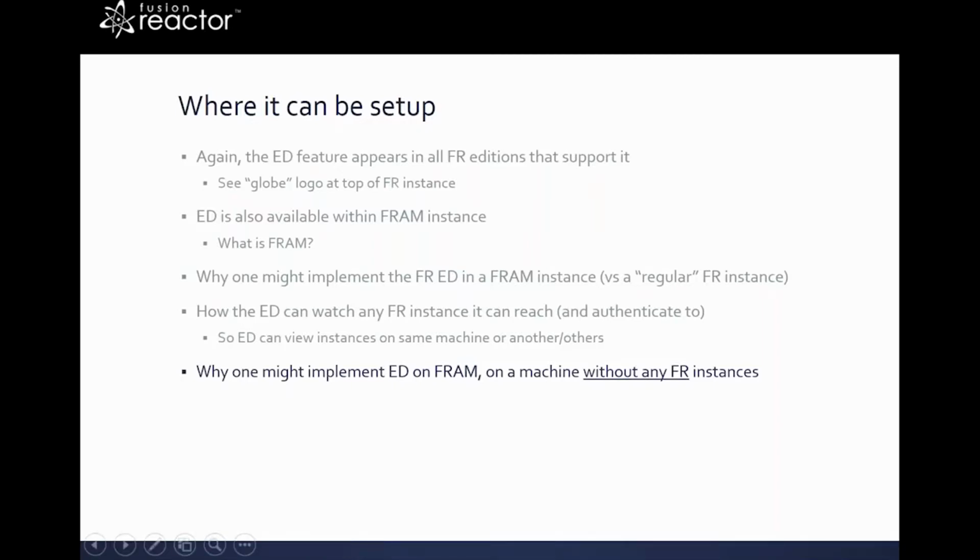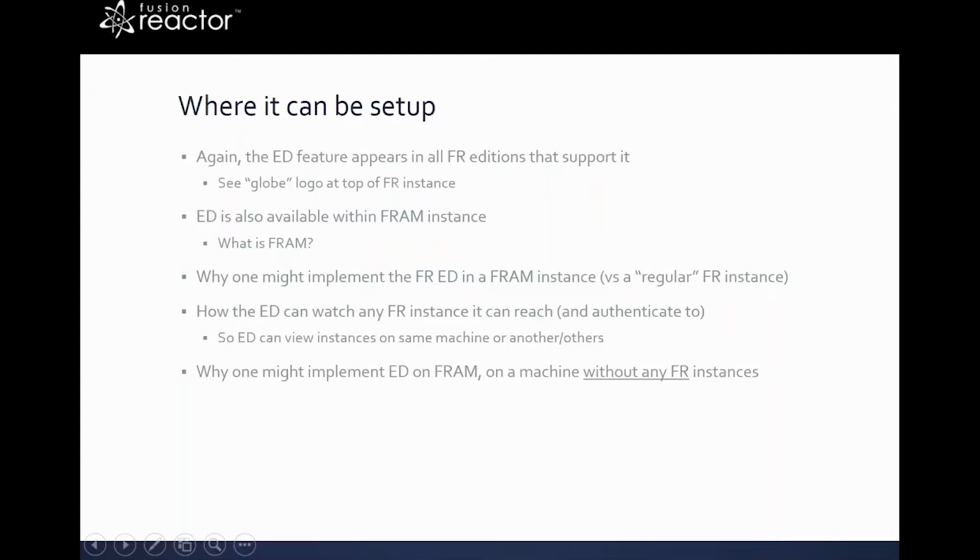So you'd have FusionReactor on one box where you've actually got it monitoring particular instances of things on that box. And if you wanted to also put FusionReactor on some other box just for the purpose of having a FRAM on that box, just for the purpose of having a dashboard in that FRAM, you could, but that would require a separate license of FusionReactor. And that's being discussed as to whether there might be a better way to go with that. You might want to contact the sales folks at the end if you want to make a case for something about that. But the point is you could. I want you to see that you've got great flexibility to do whatever makes sense for you.